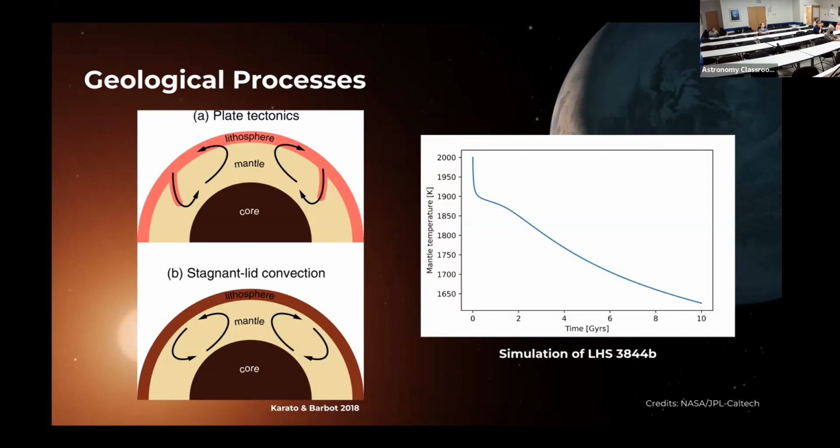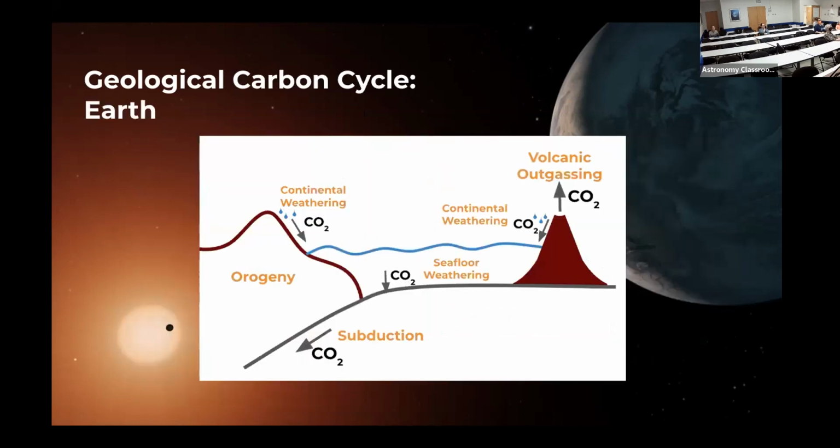And then I want to just explain what this is. So Earth has the geological carbon cycle. This is what is connected to the mantle convection, what goes into releasing CO2 into the atmosphere, regulating CO2, and recycling CO2 back into the interior.